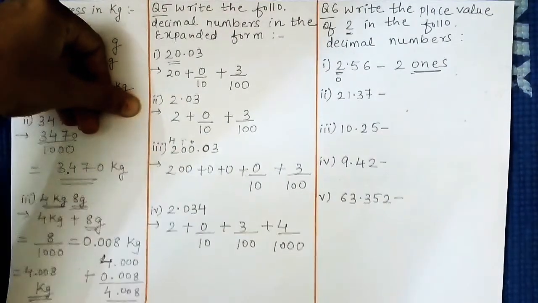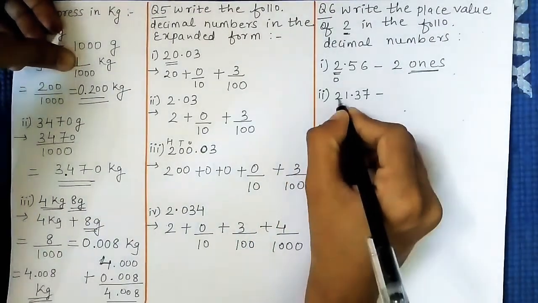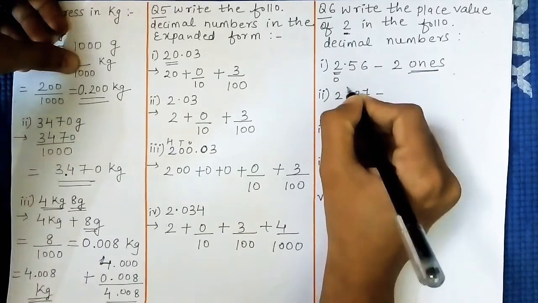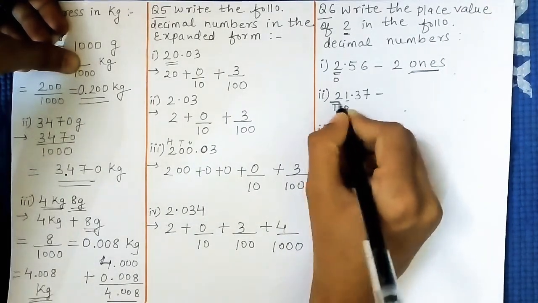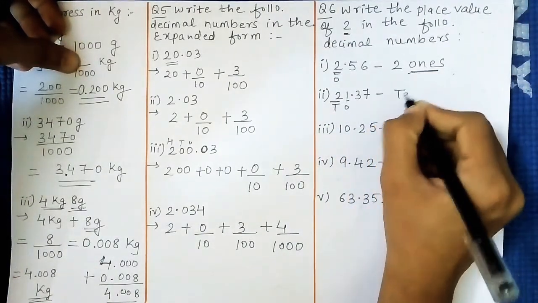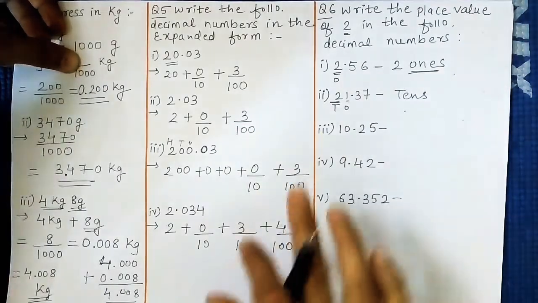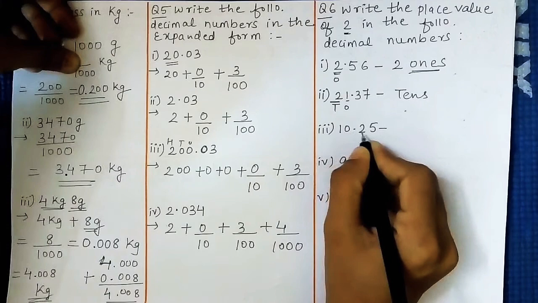Then second one, it is 21.37. Now 21. So this is ones place and this is tens place. So here what is the place value of 2? It is tens. So second one, 2 is at tens place, so here you will write tens. Third one, 10.25.